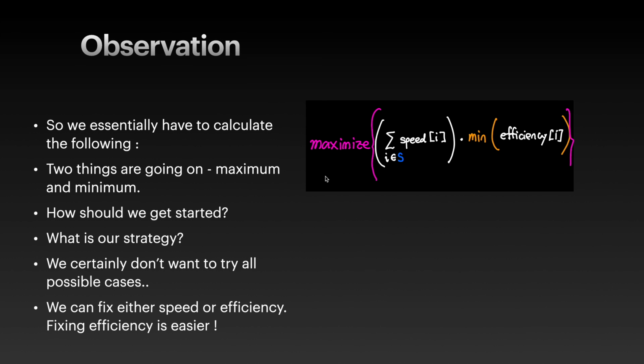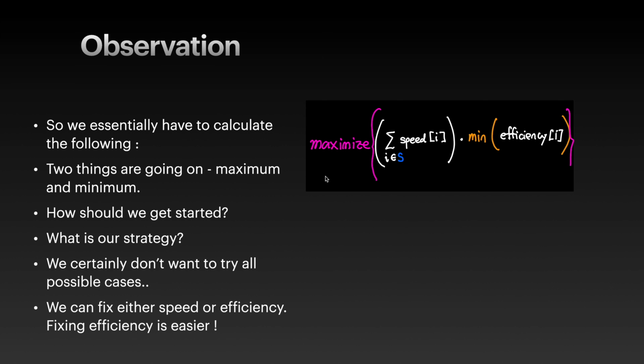We have two arrays, speed and efficiency, and then we have n engineers. If we can pick k engineers out of n engineers, then we can have n choose k, so we have at least a lower bound of n choose k combinations.